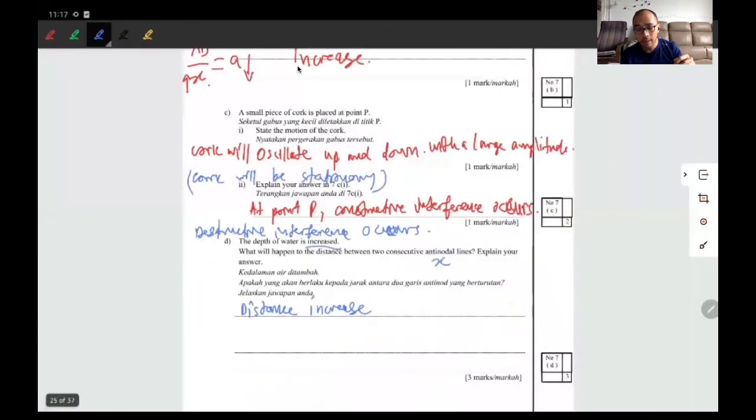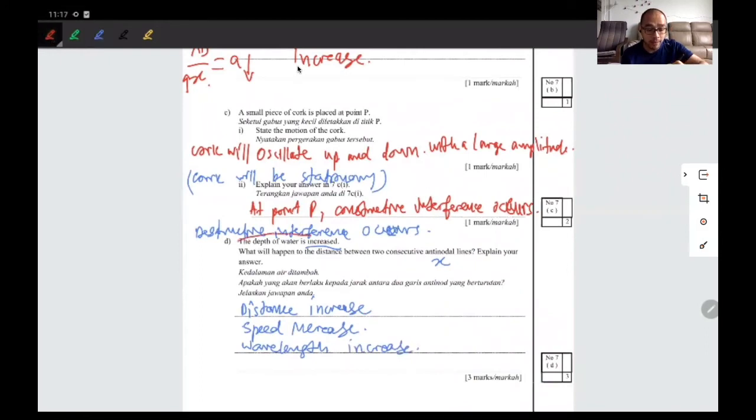Okay, number two, the distance increased because the speed increased. Okay, and number three, the wavelength increase. Now, doesn't this sound very familiar? Okay, we talked about this in refraction.